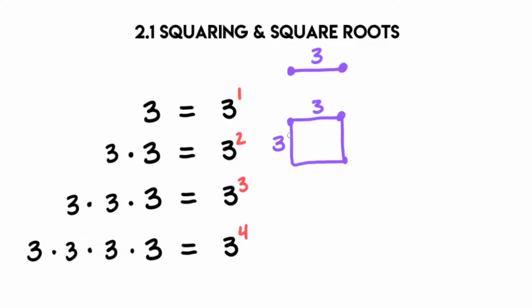3 squared. 3 to the power of 3 means we are making a three-dimensional object, which would look something like, let me see if I can do this.